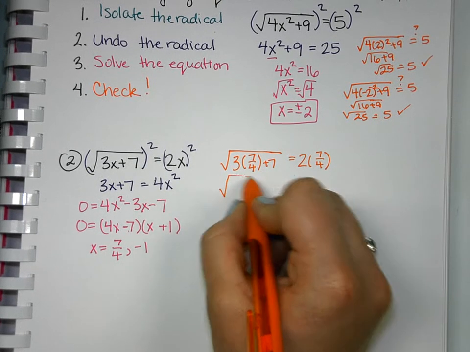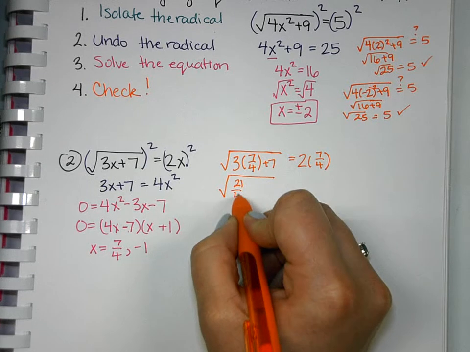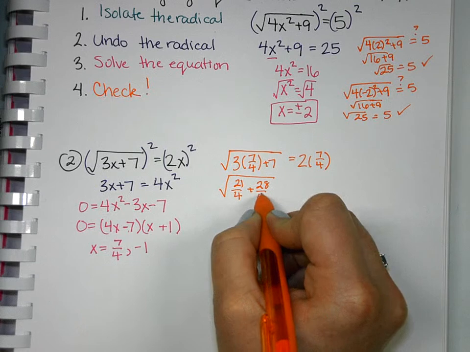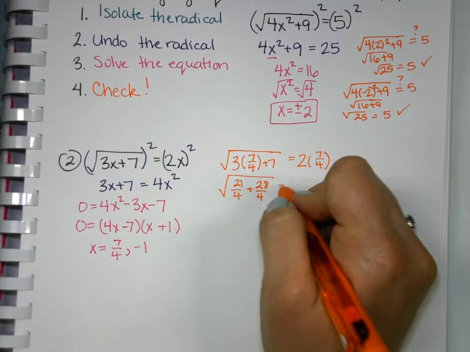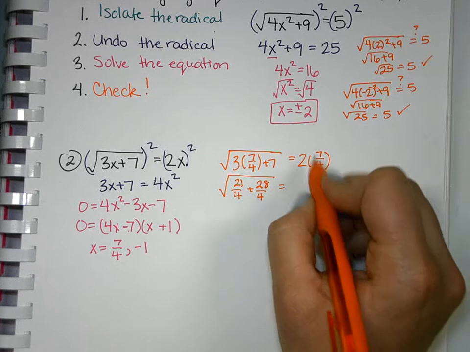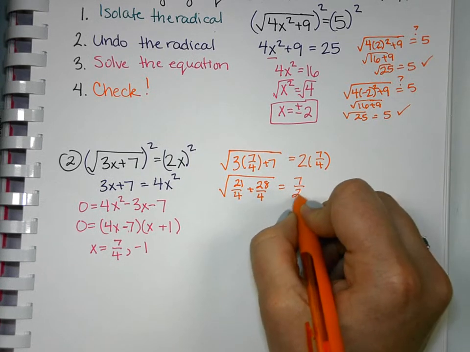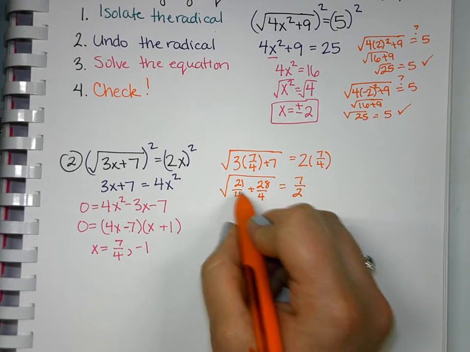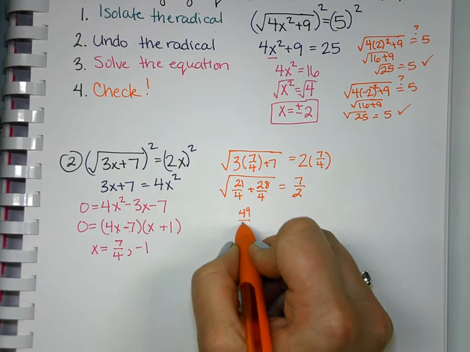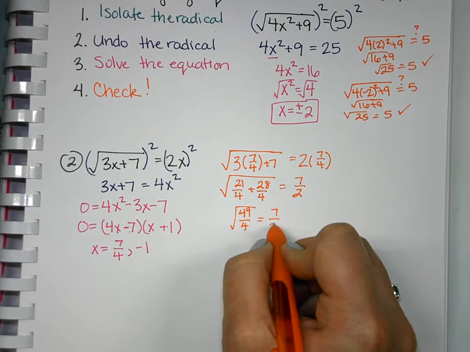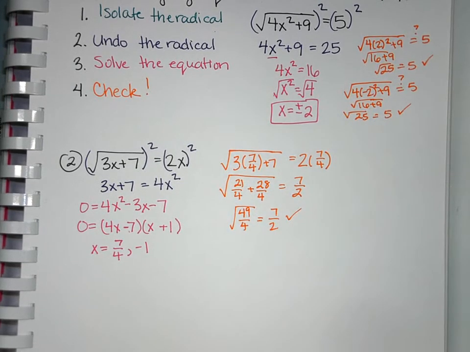Alright, so this will give me 21 over 4, and I'm going to change the 7 to 28 over 4, so I have a common denominator. And when I multiply this side, I end up with 7 over 2. So if I continue my left side and add those together, I get 49 over 4. And is the square root of 49 over 4 7 over 2? Yes, so that means 7 over 4 is an answer.